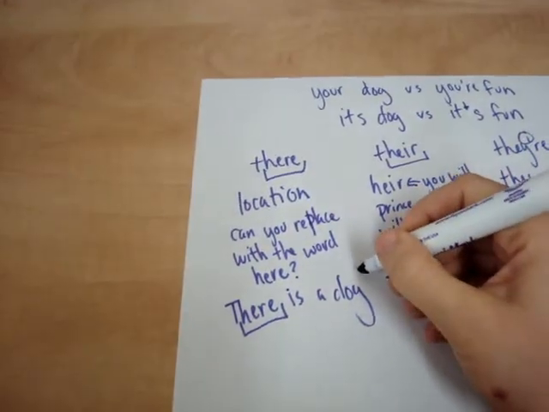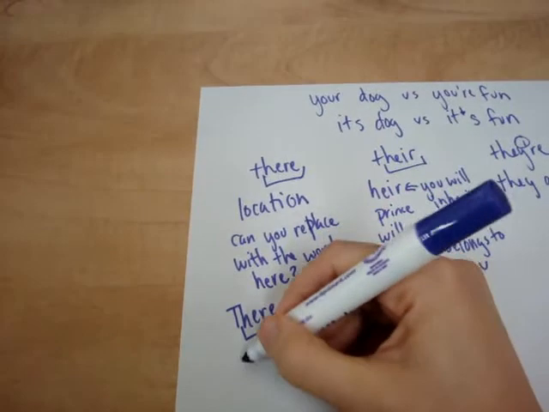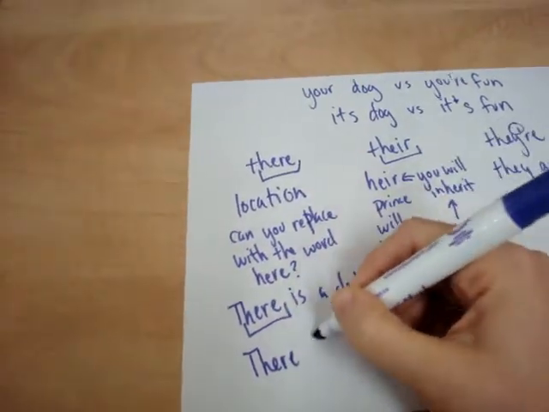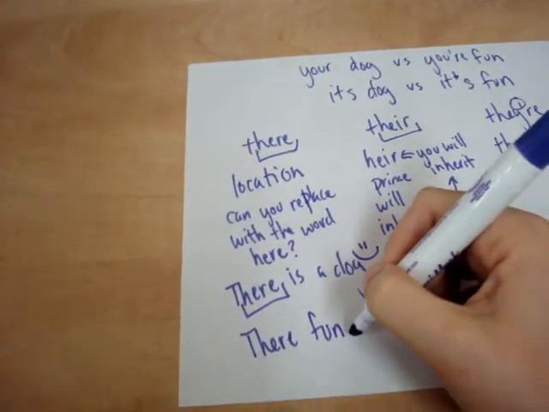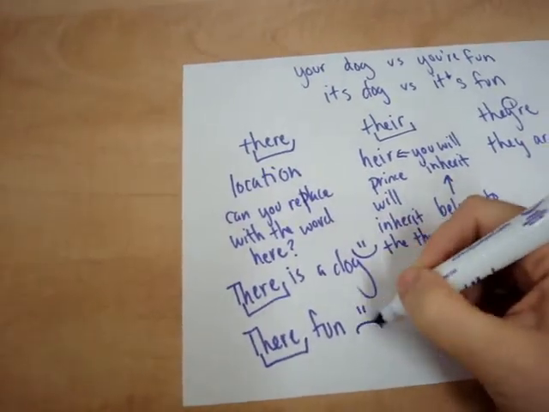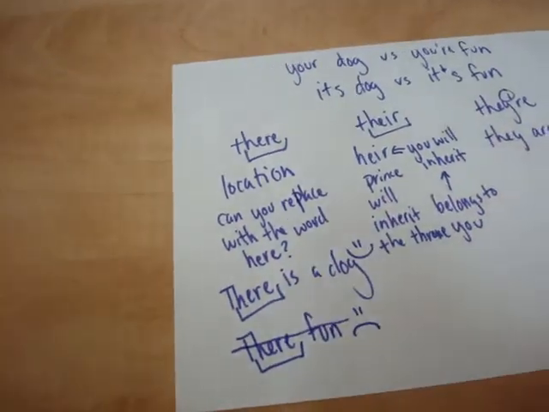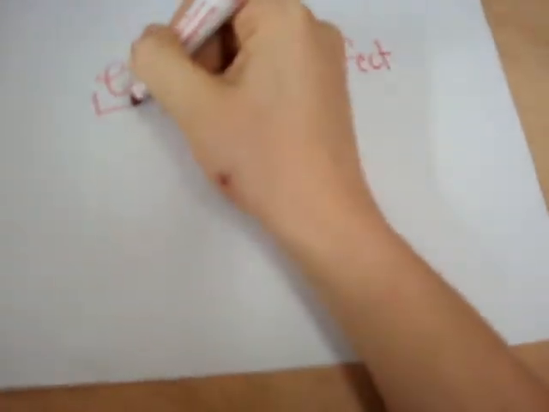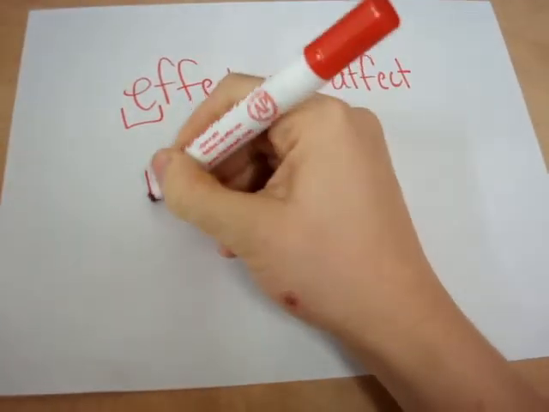I could say here is a dog and it would make perfect sense. Or, if I said they're fun, I would be saying, they're fun, here fun. That just sounds like a caveman. Doesn't work.